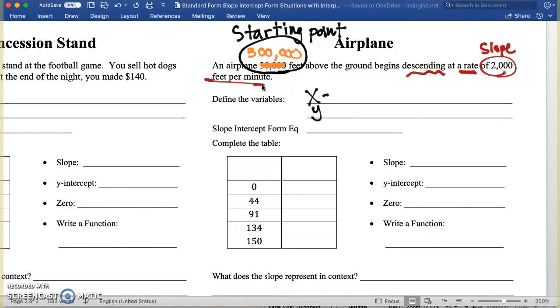And so I can say that the values of x represent the number of minutes. And my y value, unlike yesterday, where it represented the number of something, today the y value represents the height, the height above the ground.